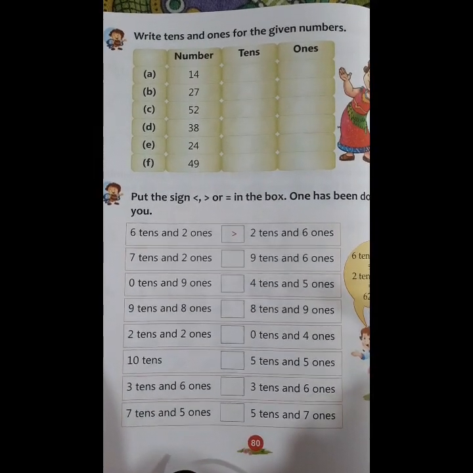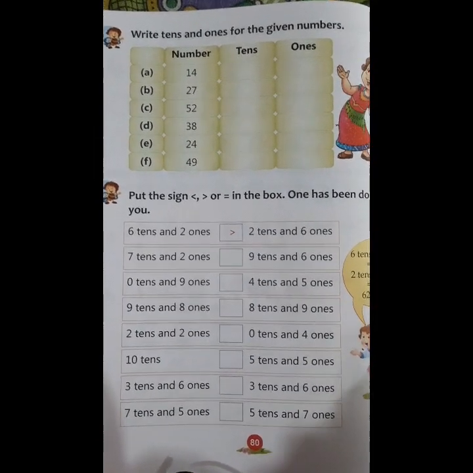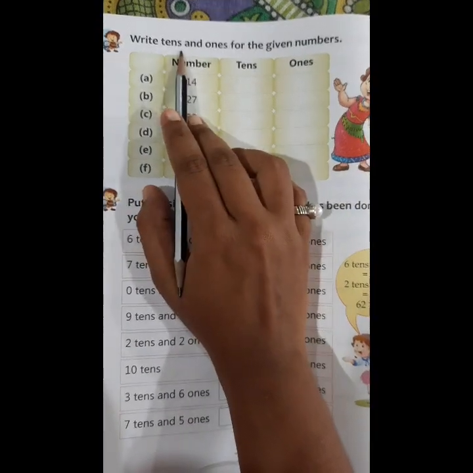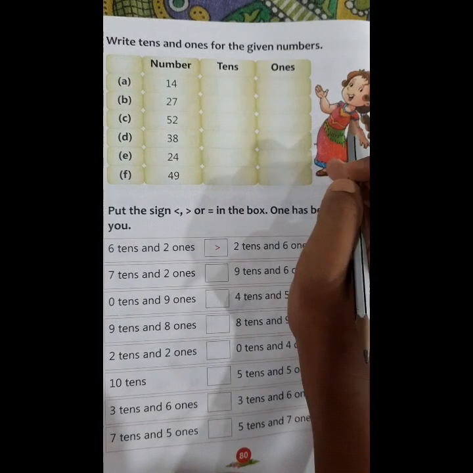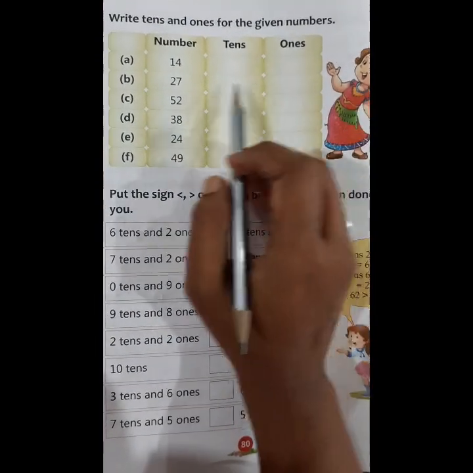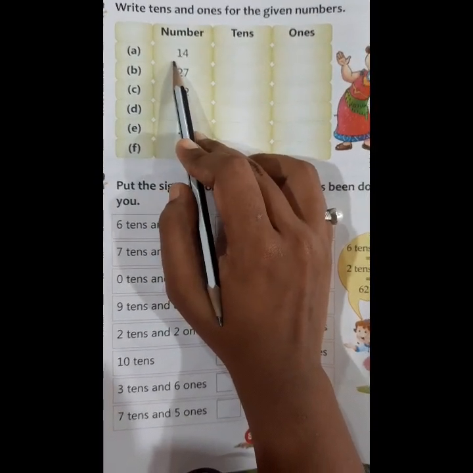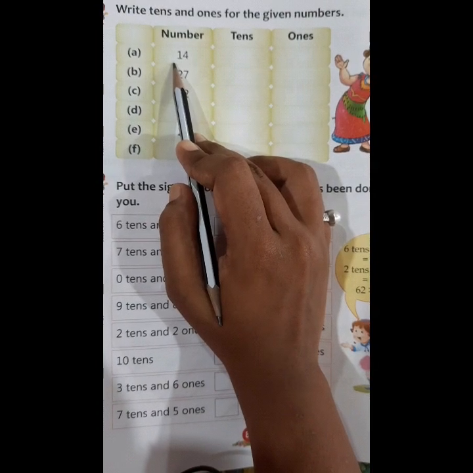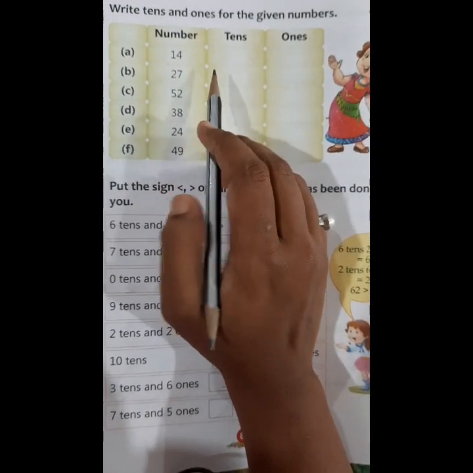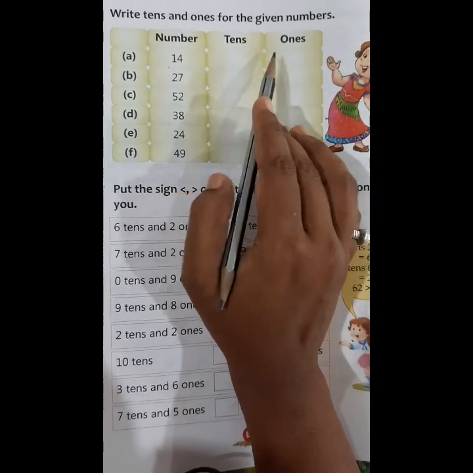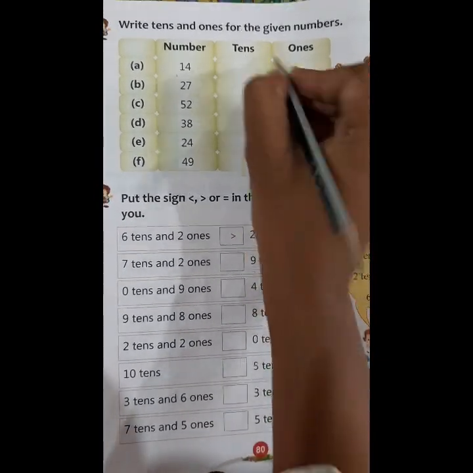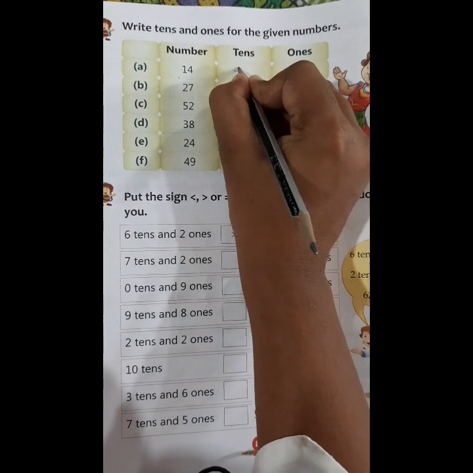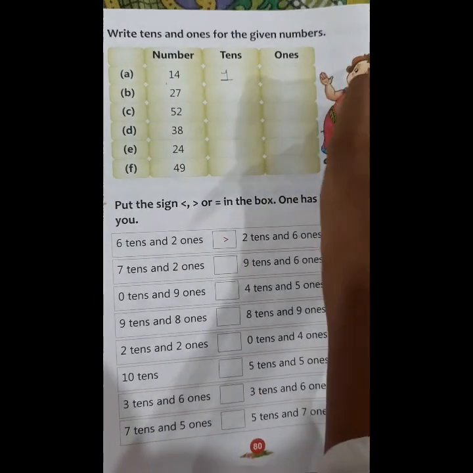Now open page number 80. Write tens and ones for the given number. It is also very easy. 14. 14 means how many ones? 14 ones. But what do we have to write? Tens and ones. So how many tens are there? 1 ten is there.